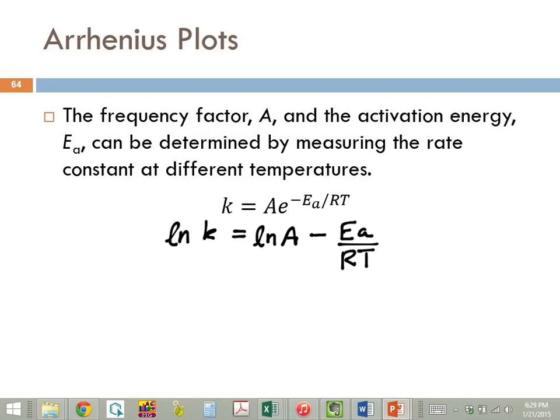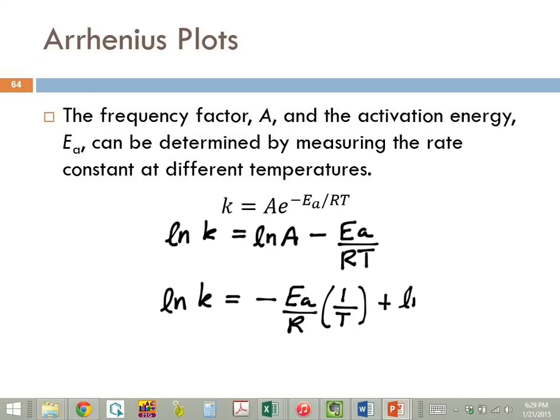Now, we want to be able to graph this. We can measure rate constants at different temperatures. And we want to find out what A is and what EA is. So I'm just going to rearrange this a little bit to make it look like the equation for a line. So the natural log of k equals, I'm going to reverse the order of these two things, minus EA over R times, and I'm going to factor out the 1 over T. Everybody okay with that?